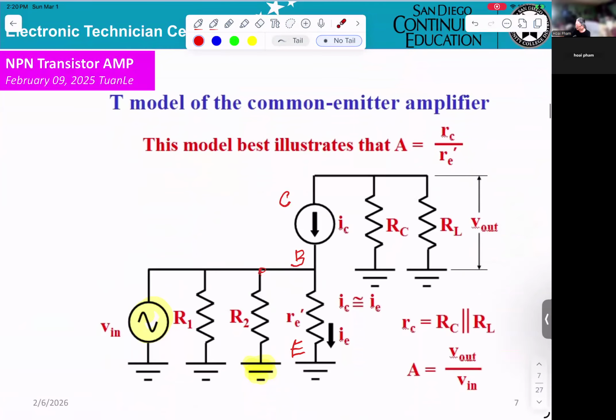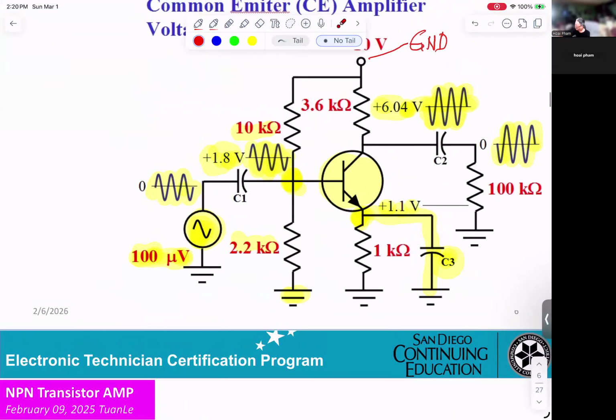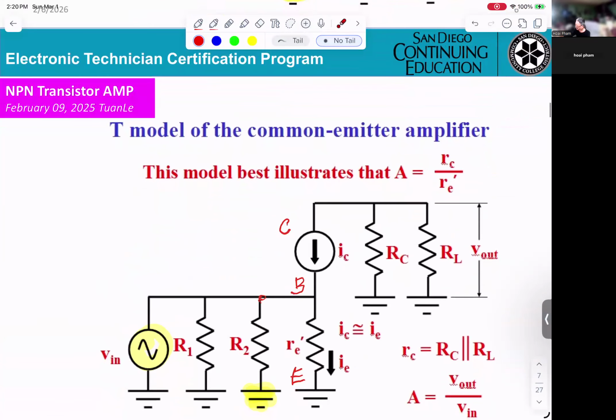So that's why RC here: one side connects to the collector, the other side connects to the ground. Okay? And also at the collector, you can get 100K connected to the collector and to the ground. So that's why RL here. Okay?